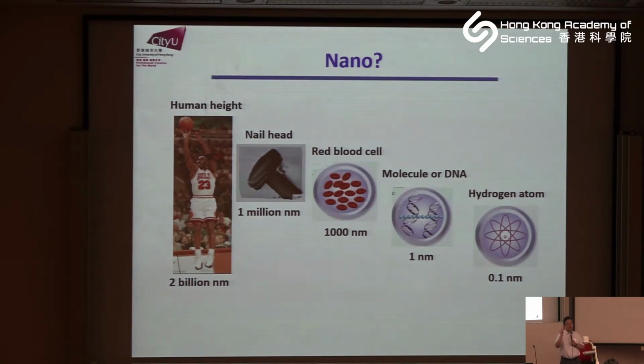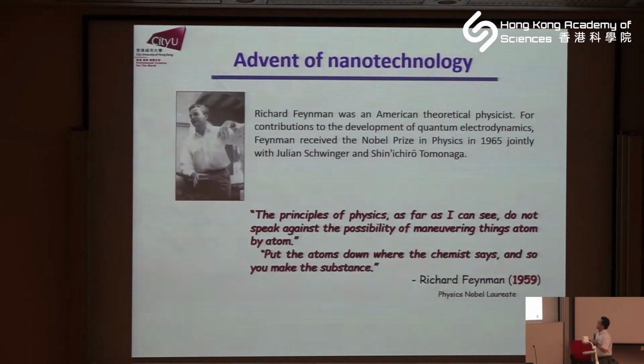And how we utilize that small dimension in materials for different applications. So, the advent of nanotechnology: back with the fathers of quantum mechanics, one of them is Richard Feynman, Nobel Prize winner in physics in 1965. He gave a speech during his lecture, saying that the principles of physics, as far as I can see, do not speak against the possibility of manipulating things atom by atom.